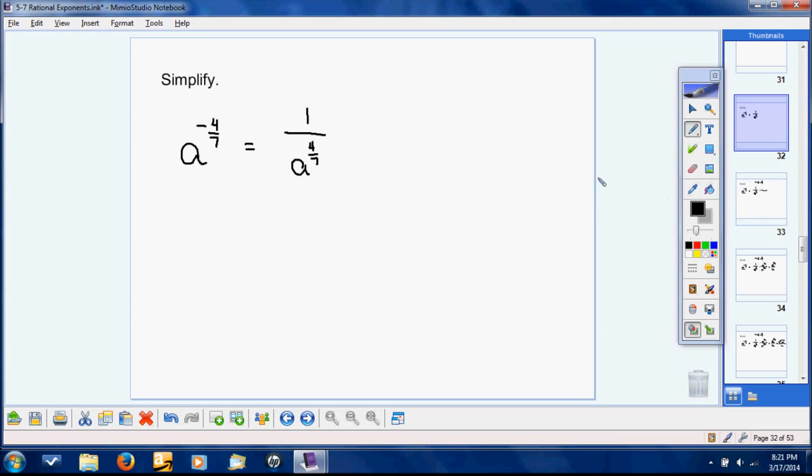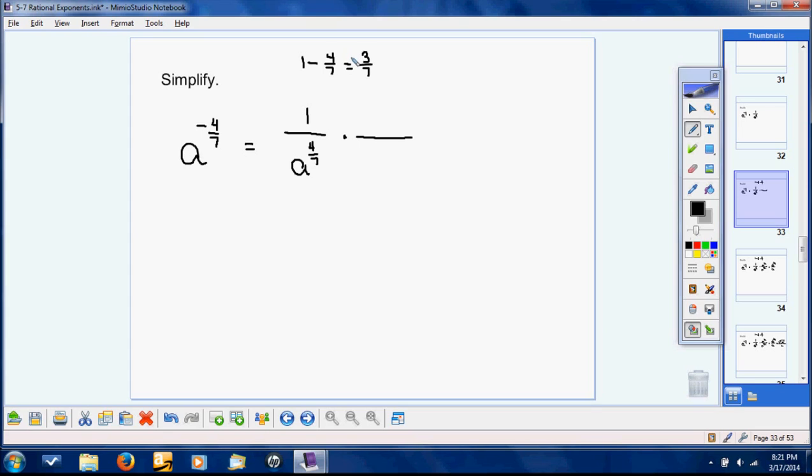After that, we can't have no fraction exponents in the denominator. So we have to figure out how much more we need to turn this into a 1. So 1 minus 4/7 is 3/7.